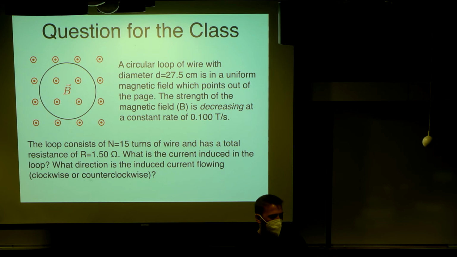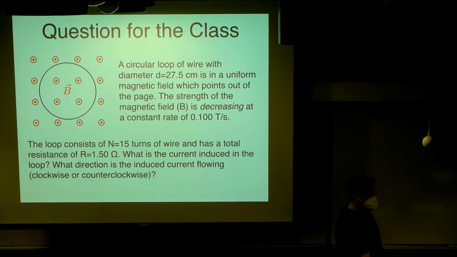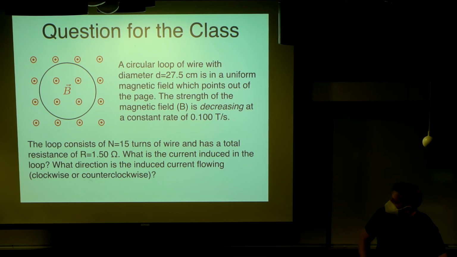So it's a little bit less complicated than before. It's just decreasing at 0.1 Tesla per second. That's how quickly it's going down, okay? So let's say the loop has 15 turns of wire in it, and the total resistance is 1.5 ohms. How much current gets induced in the loop? And is it clockwise or counterclockwise?